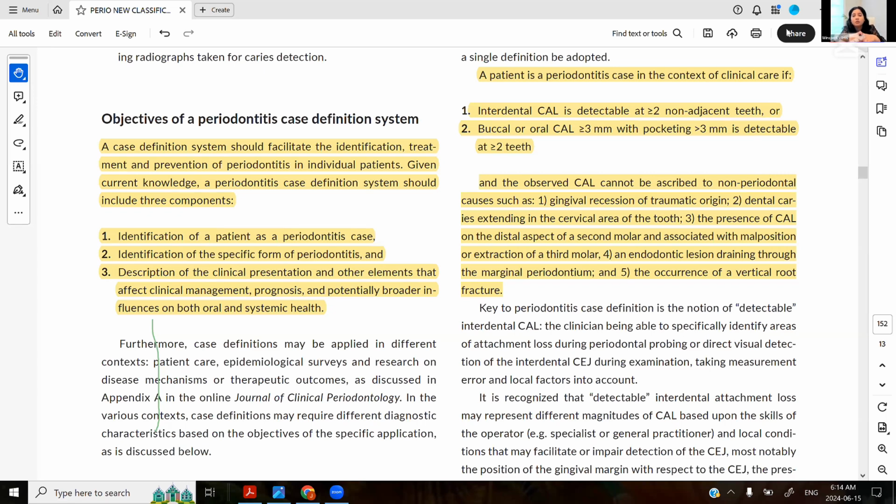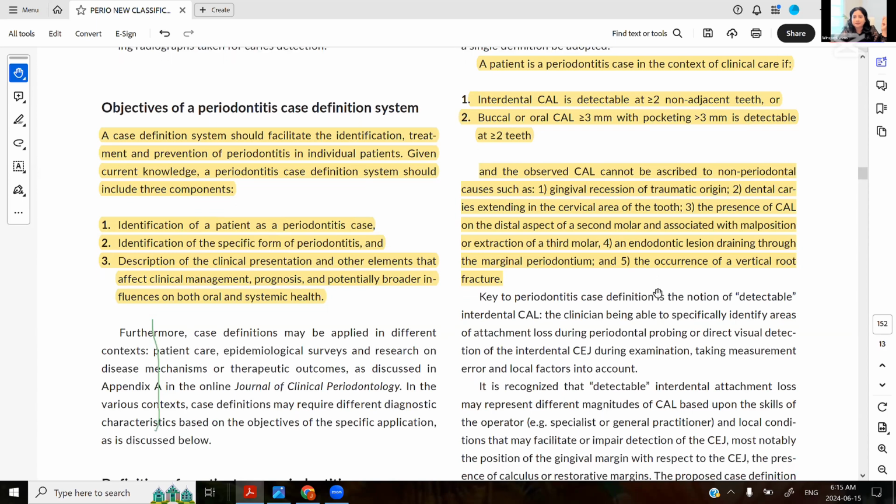Then the buccal or the oral attachment loss should be 3 or more millimeters, and pocketing of more than 3 millimeters should be detectable at 2 or more teeth which are non-adjacent, right? So attachment loss 3 minimum, pocket depth 3 minimum. That's when also your BPE score, the band goes fully in. That's what the attachment loss is, and that is where you categorize it as your established periodontitis. And that's when you do the full perio charting. Is that correct? So perfect.